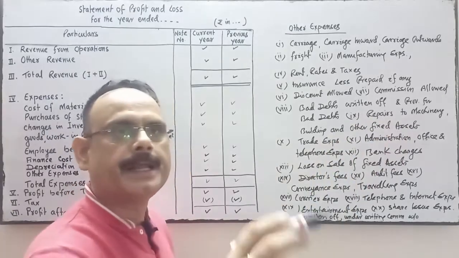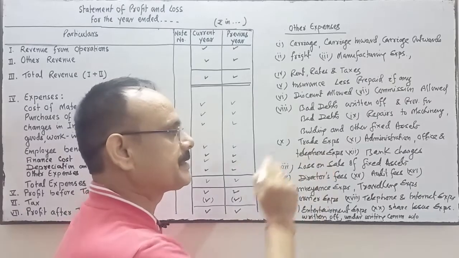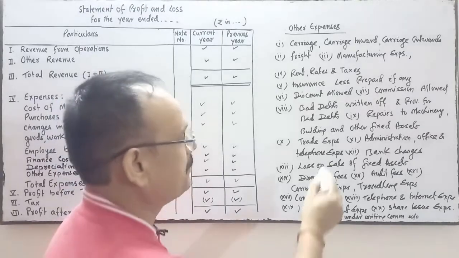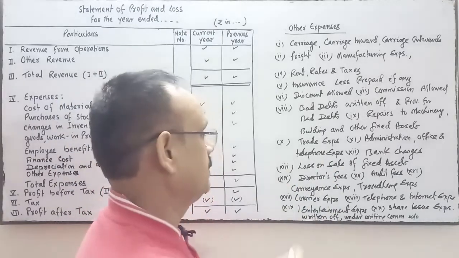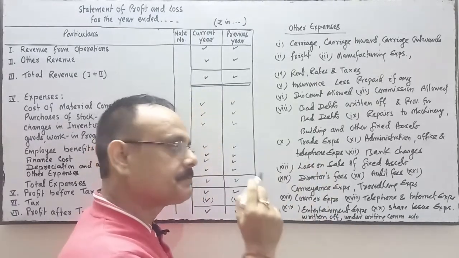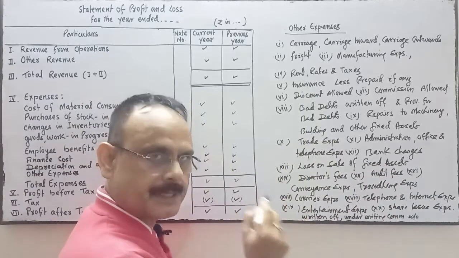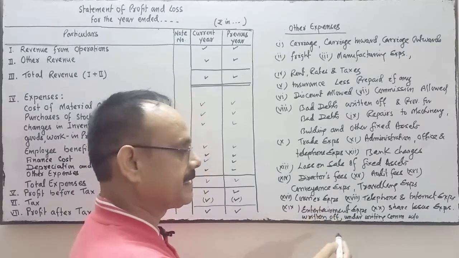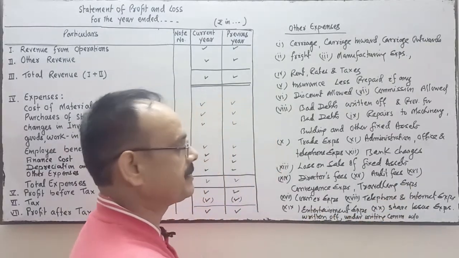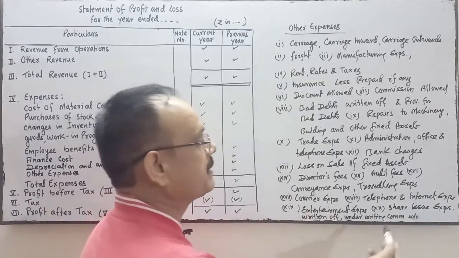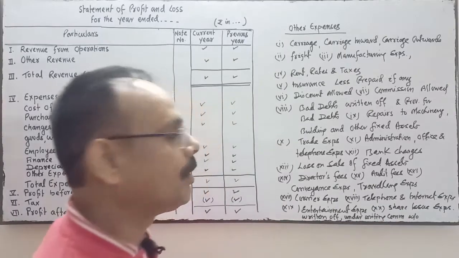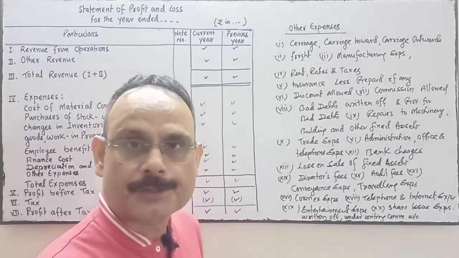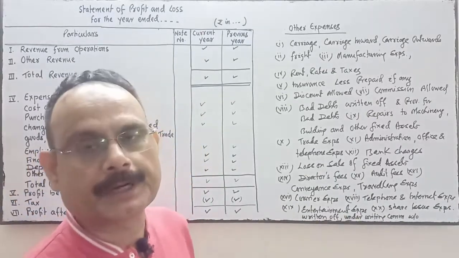Repairs to machinery, building and any other fixed assets, trade expenses, administration expenses, office and telephone expenses, bank charges, loss on sale of fixed assets, directors fees, audit fees, conveyance expenses, traveling expenses, courier expenses, internet expenses, entertainment expenses, share issue expenses written off, or underwriting commission given at the time of issue of shares if it is written off.